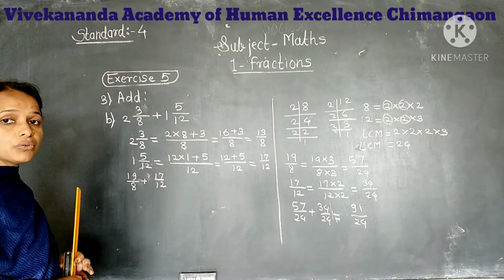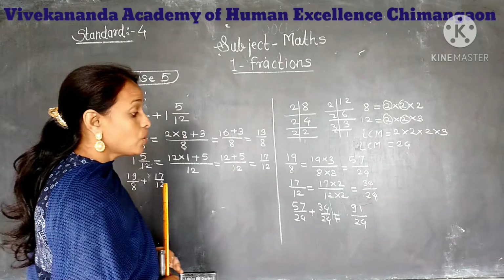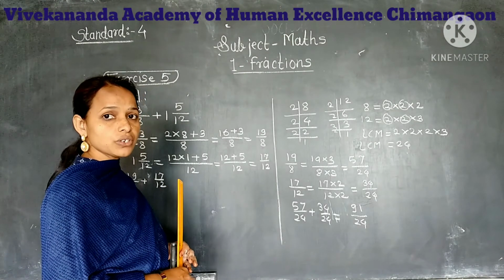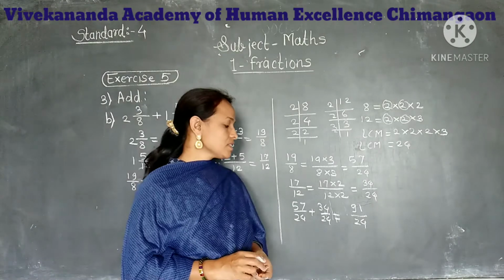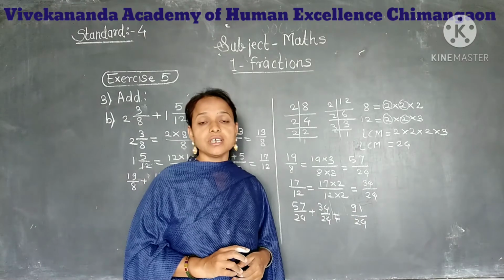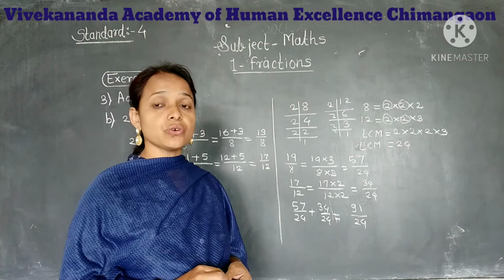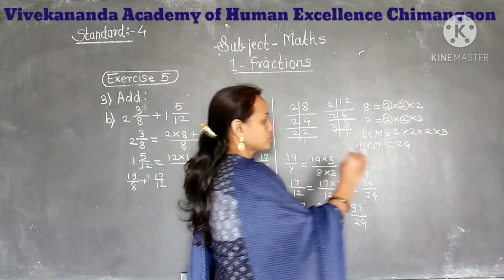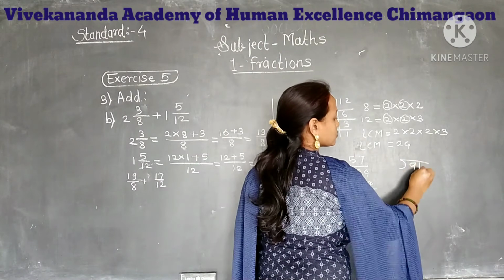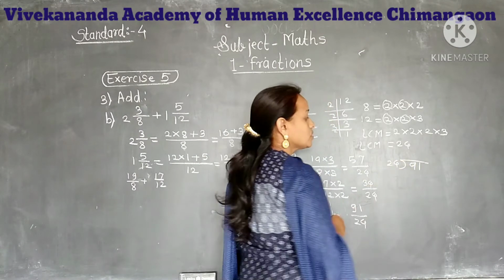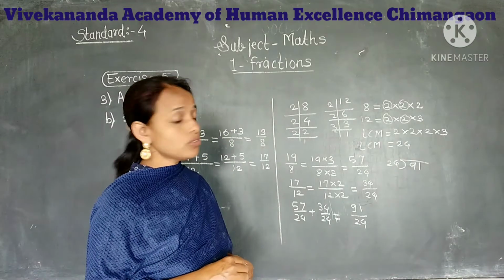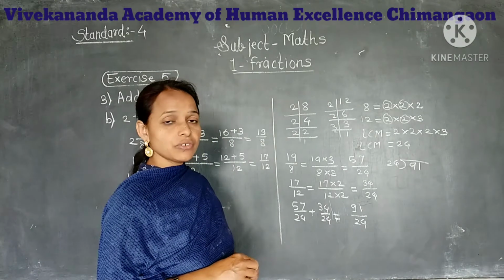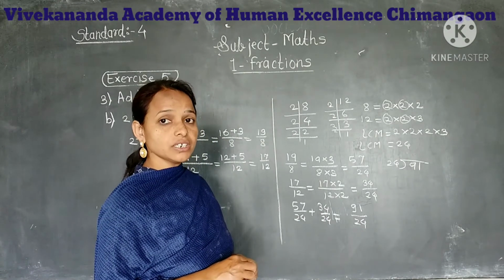So now we have to convert it into lowest term. We have to reduce that into lowest term. Here the sum is 91 upon 24. So we divide 91 by 24. 24 ones are 24. 24 twos are 48. 24 threes are 72.